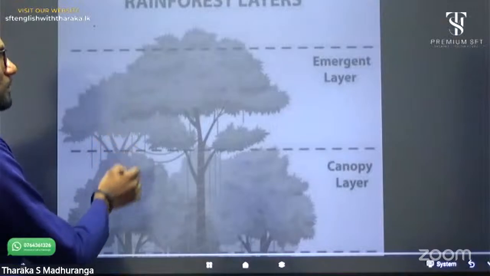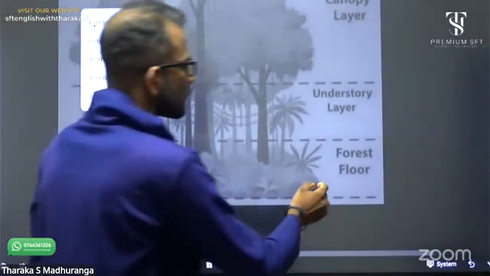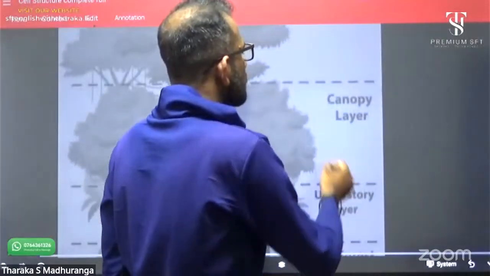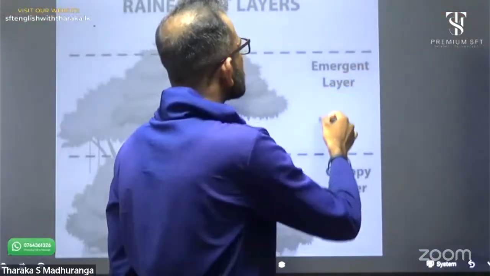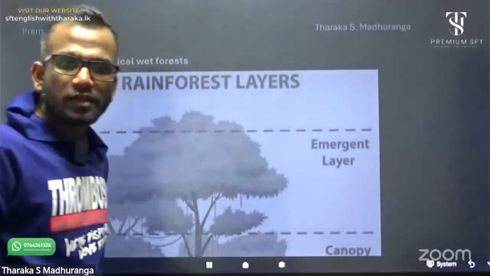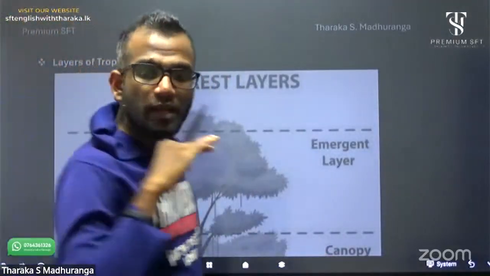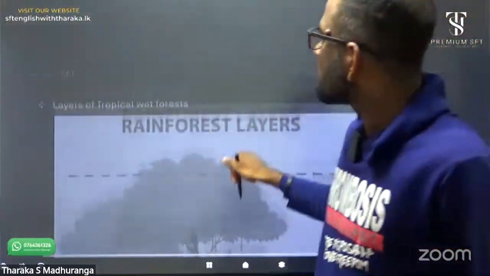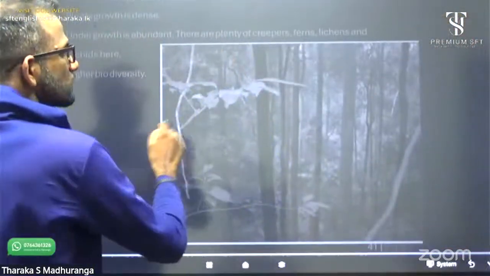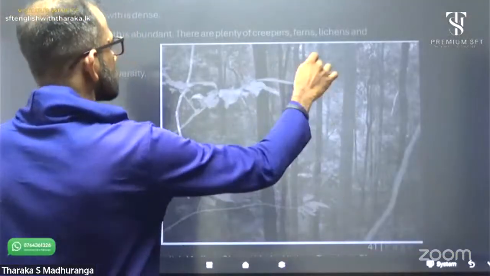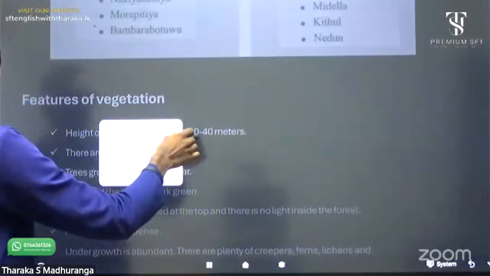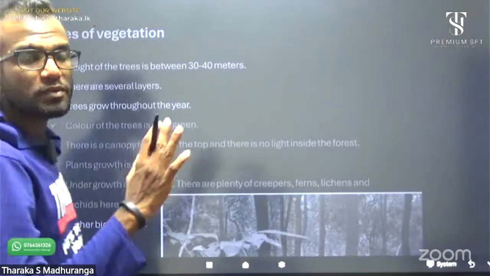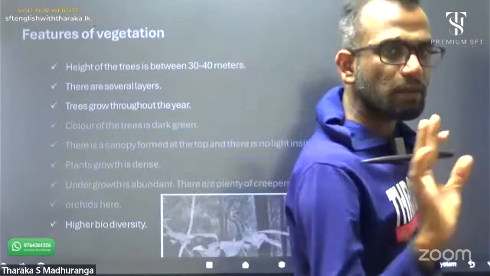They are the floor layer, understory layer, canopy layer, and emergent layer. We can clearly see the layer differences. Mainly four main layers and five sublayers.